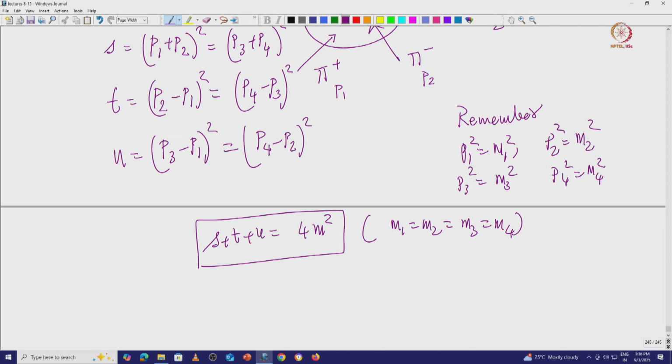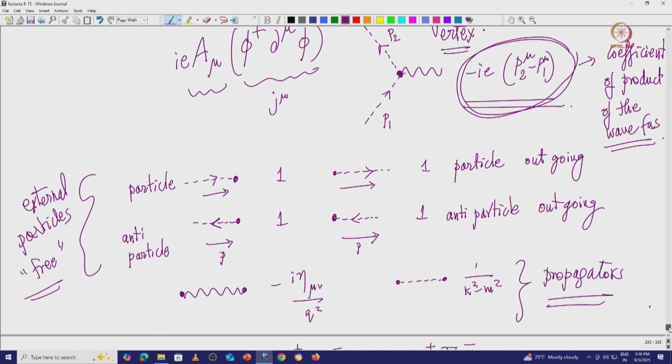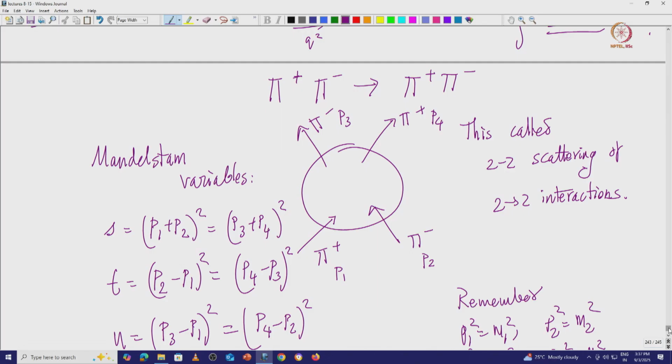Now, in a given quantum mechanical scattering process, you can have 2 particles coming in. It is a relativistic process obviously, and 2 particles going out. In this case, you have to consider all possible exchanges of momentum.